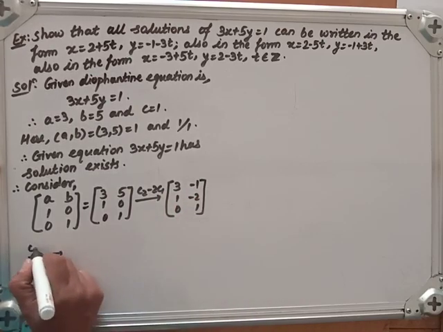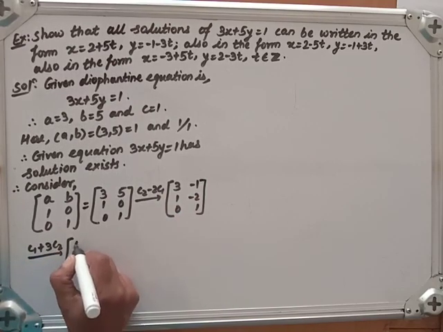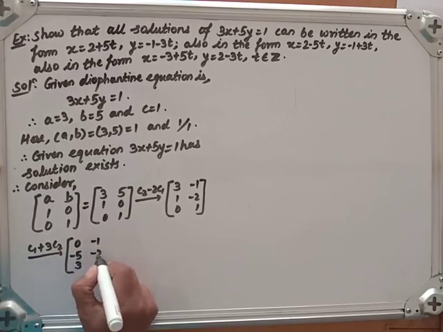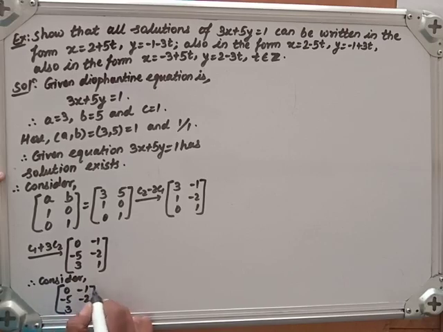Then, C1 plus 3C2 will be 0, minus 5, 3, minus 1, minus 2 and 1. Therefore, consider the system 0, minus 1, minus 5, minus 2, 3 and 1.